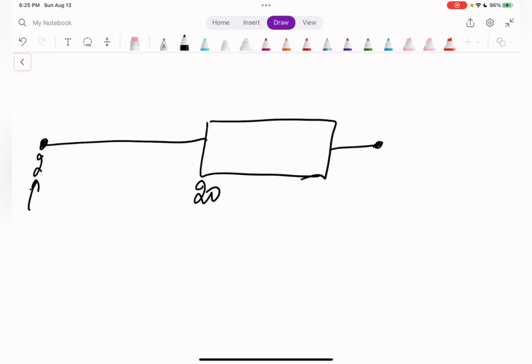The other thing I would like to mention: if the median comes here, that means the data is skewed to the right. If the median comes this way, the data is skewed to the left. That's how you can analyze and figure it out.